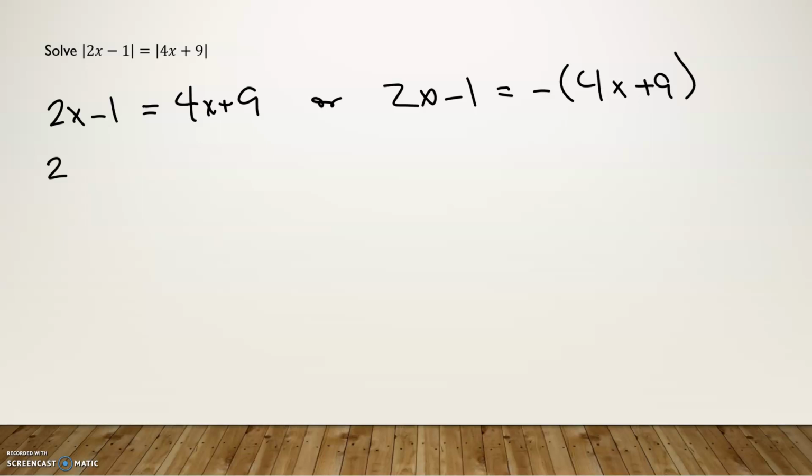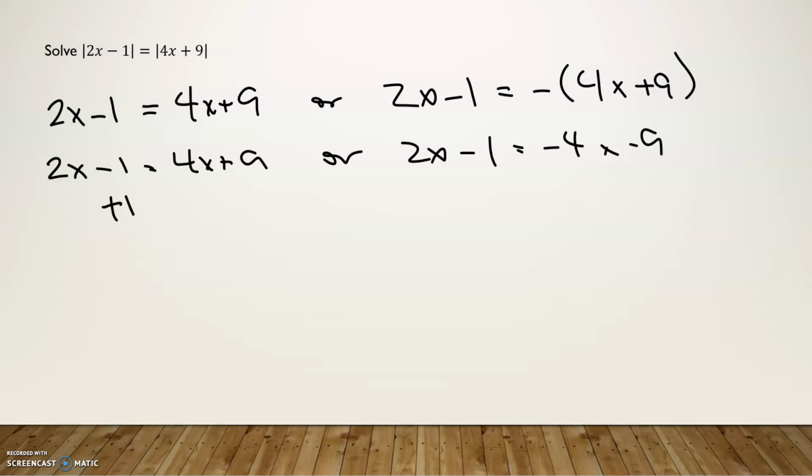Okay, so I'm going to write one more line down. It's going to be negative 4x minus 9. So I would add 1. Actually, what I would do first is probably subtract the 2x.